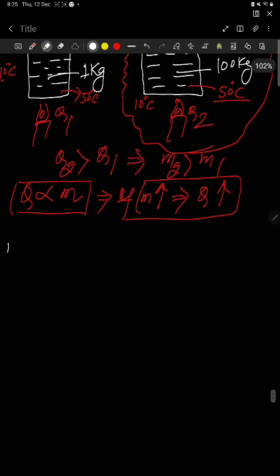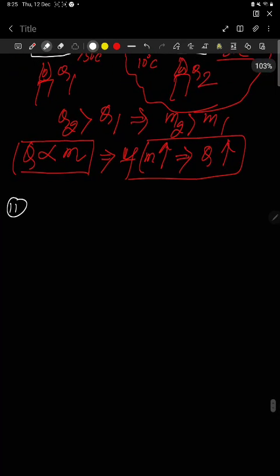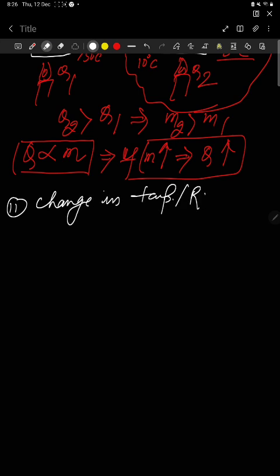Now the second factor on which the amount of heat energy depends is change in temperature or rise in temperature.